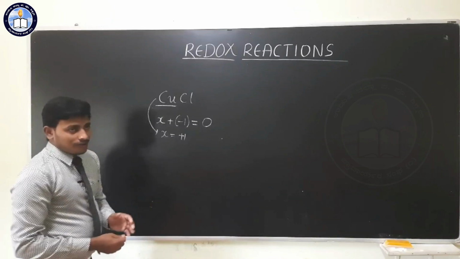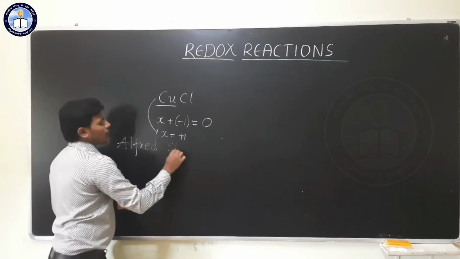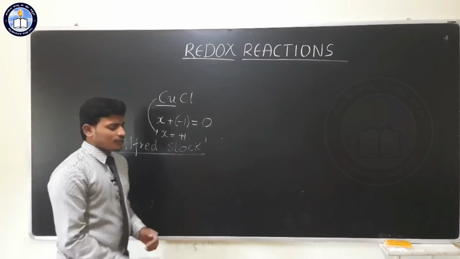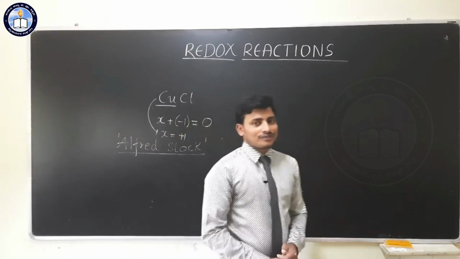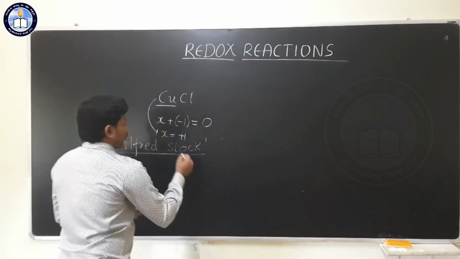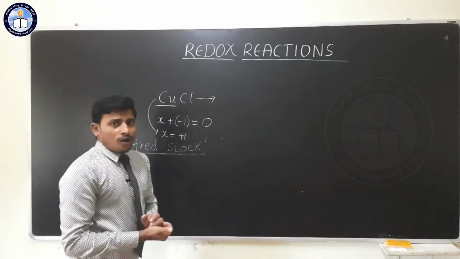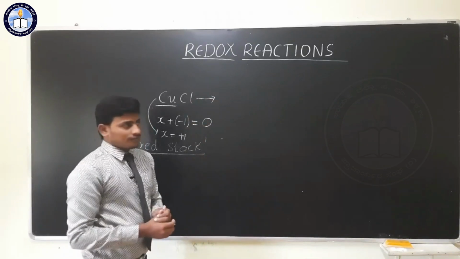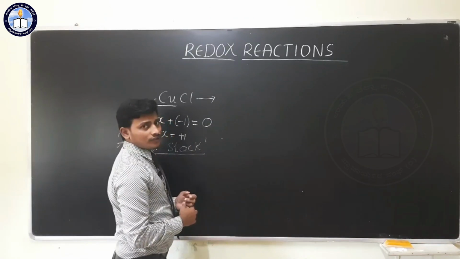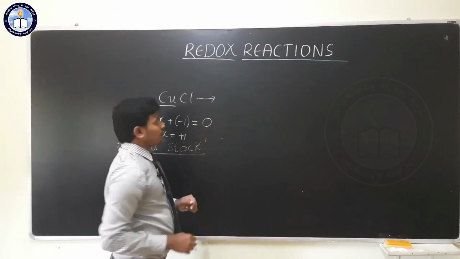To solve this, Alfred Stock gave one notation, and that notation is known as Stock notation. It's very simple. According to him, we can represent oxidation number in the form of a Roman number, which is written in parenthesis form.